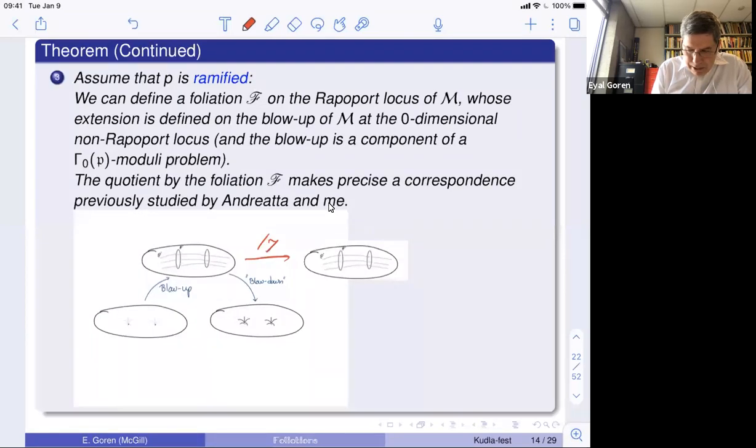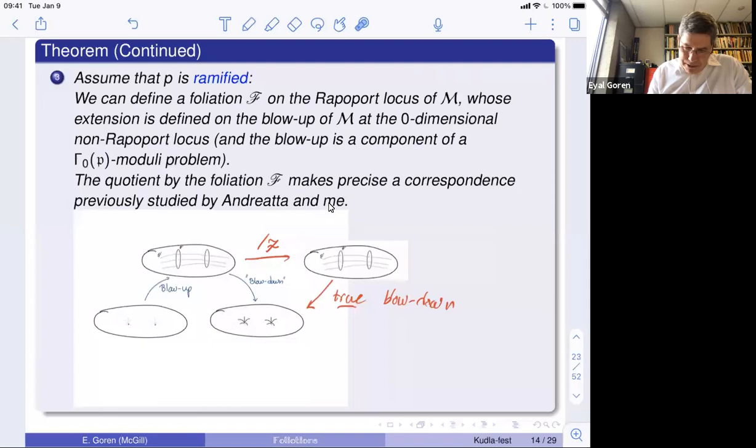Okay, this is an inseparable map of degree P. It's like a square root of a Frobenius morphism. And here, finally, there is a true blowdown. Okay, so those subtleties that you can't really see on geometric points are well explained by this kind of foliation structure.